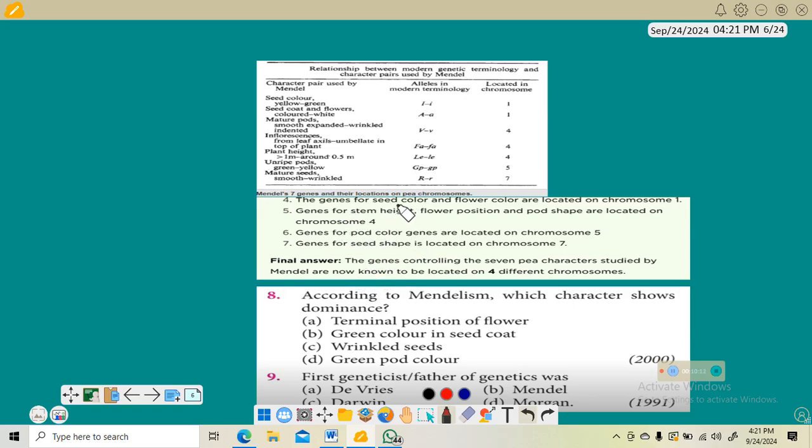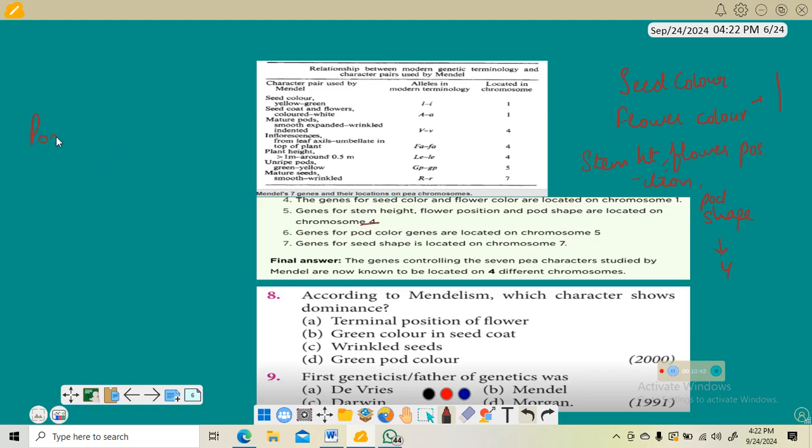Genes for seed color and flower color are located on chromosome 1. Genes for stem height, flower position, then pod shape, are located on chromosome 4.